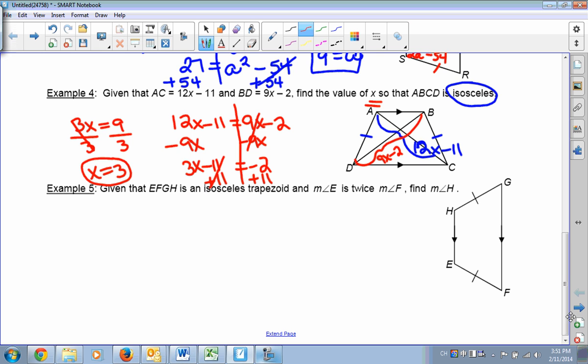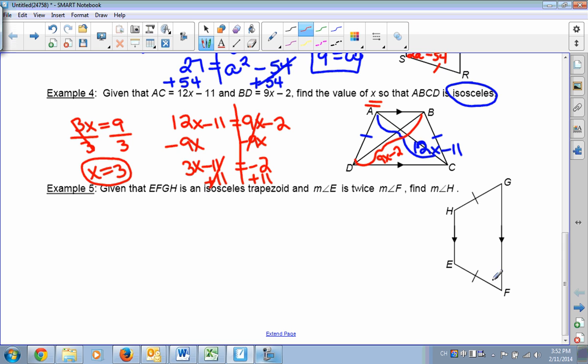Okay, last one, example 5. Given that EFGH is an isosceles trapezoid, so notice the congruent markings on the legs, and the measure of angle E is twice the measure of angle F. So E is twice what F is. So how am I going to mark that?